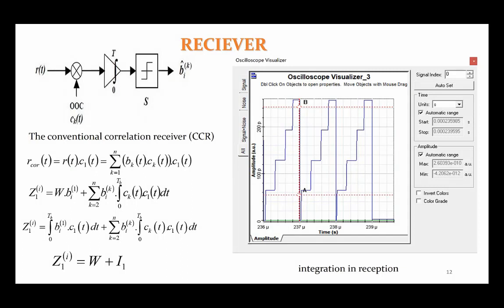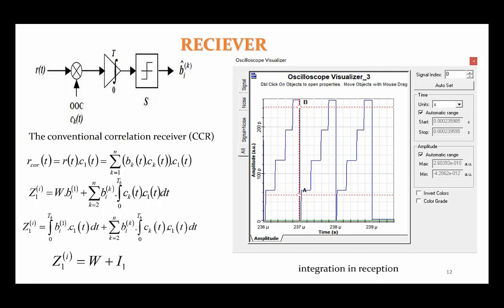We can see here the conventional correlation receiver, where the signal is integrated over a bit interval in order to obtain a decision variable. The second term in the last equation represents the interference due to the other users, MAI. In the figure at the right, we see our signal after integration.